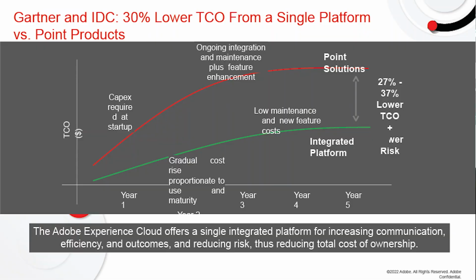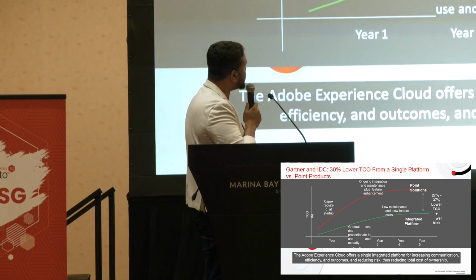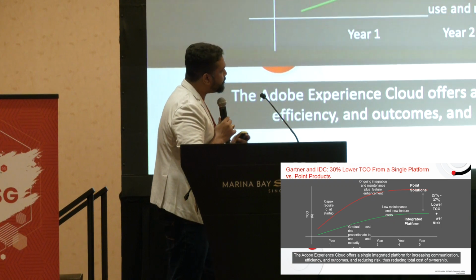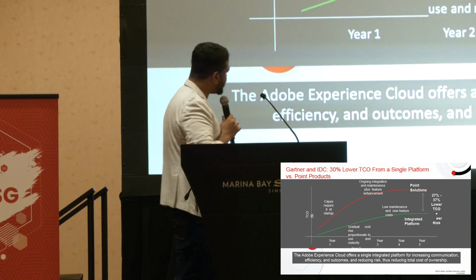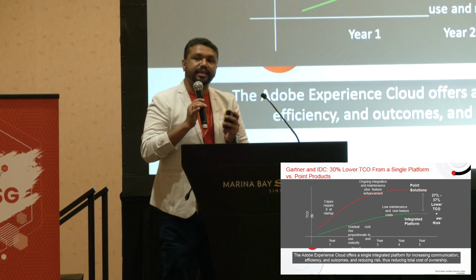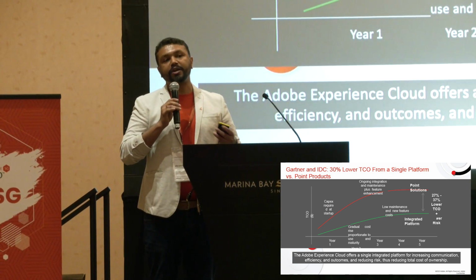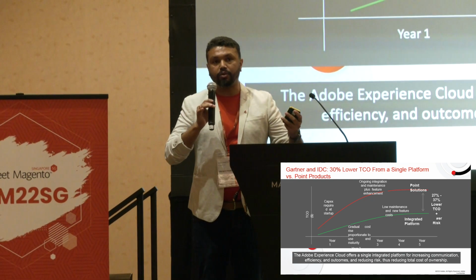And this is where what I said is being validated. Right, so with Adobe Commerce Cloud, we are offering you a platform that increases communication efficiency and outcome, and it is having all those things in play. So we are actually proposing an Adobe Commerce hybrid composable story, right?